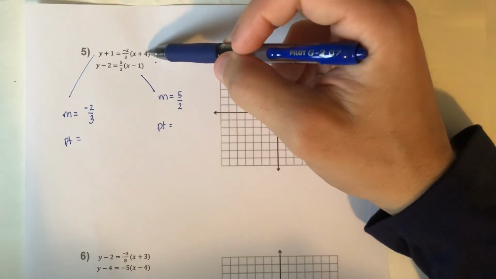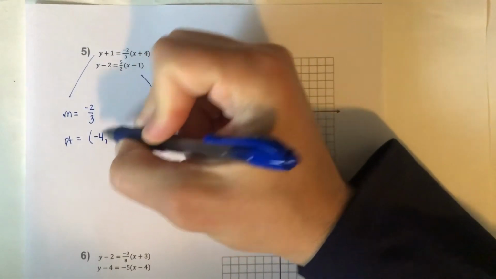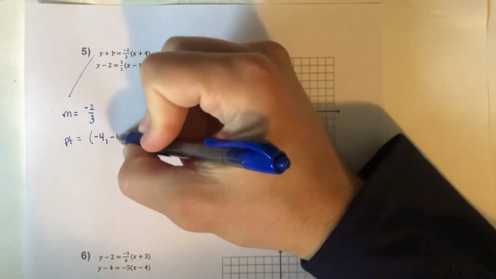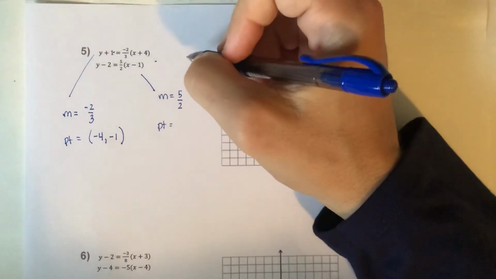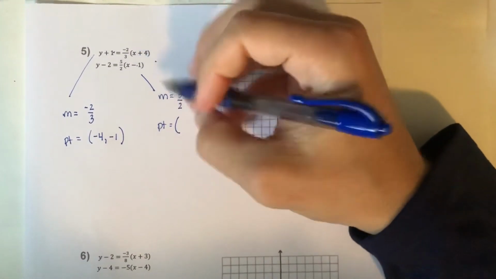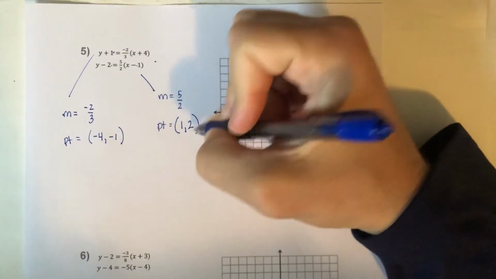I see a positive 4. So my x value is going to be negative 4. I see a positive 1. So my y value is going to be a negative 1. You just take the opposite of what you see. For the bottom line, I see a negative 1, so I'm going to make it a positive 1. I see a negative 2, so that's going to be a positive 2.